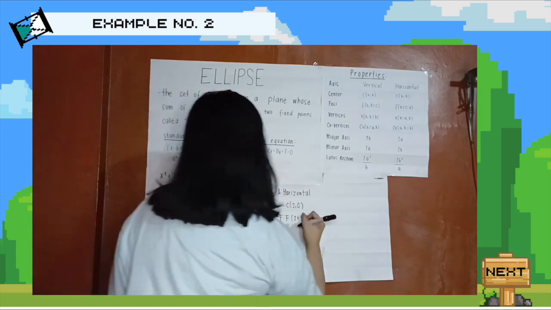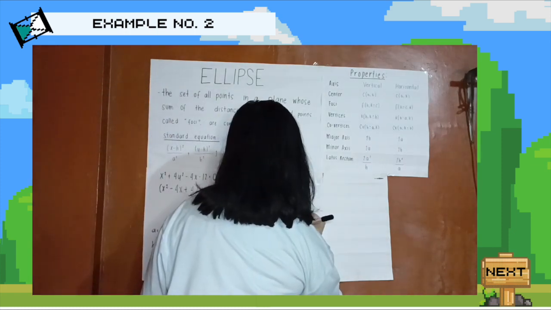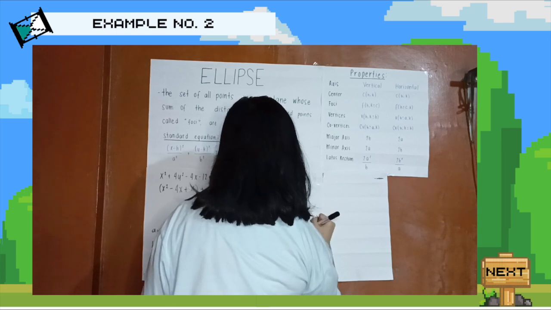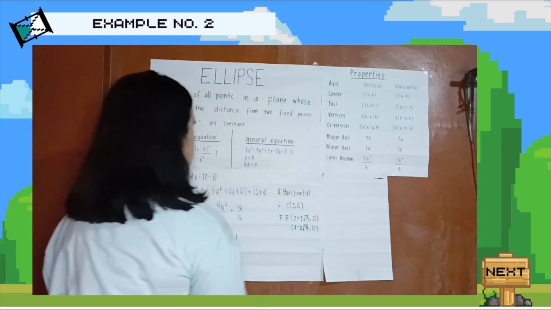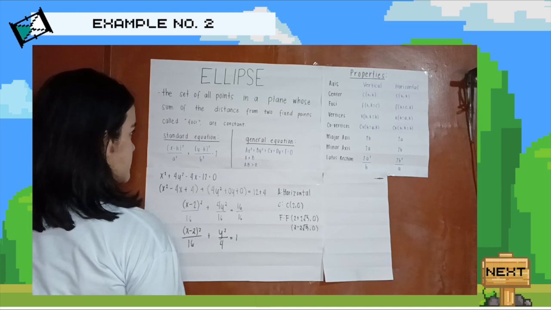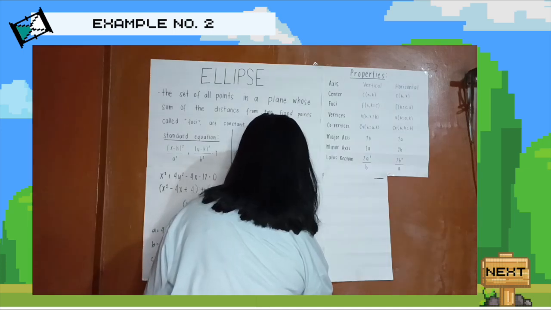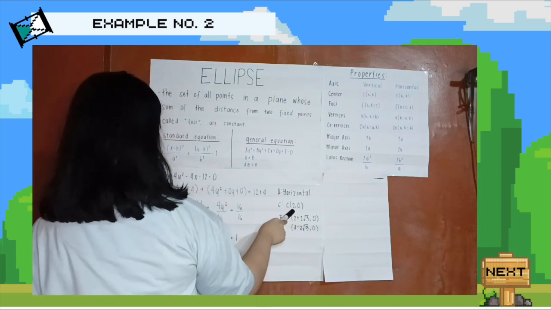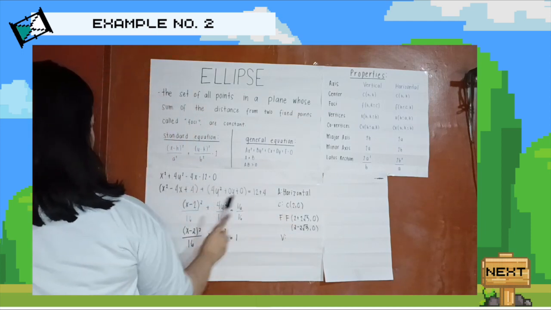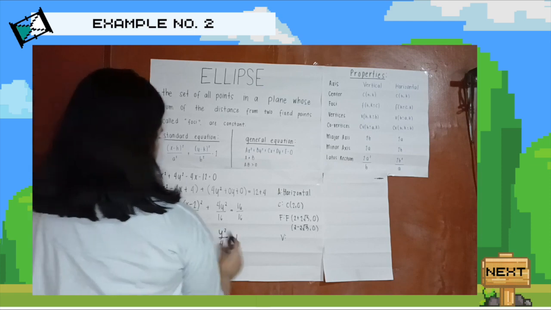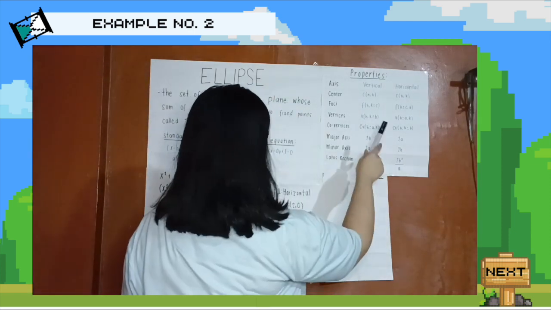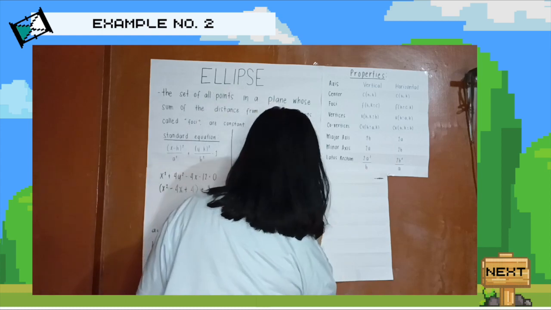And 2 minus 2 square root of 3 is 0. And the next four vertices: h plus a, h is 2, 2 plus 4 is 6. So 6, comma k, 0.